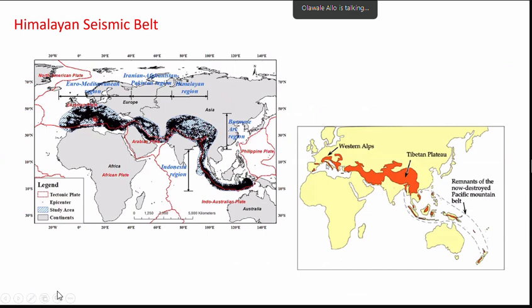These countries are between the Himalayas. Map of Africa, around Kano, going to, is it Chad or what is that country? Libya and all that. Those are some of the Himalayan seismic plates.